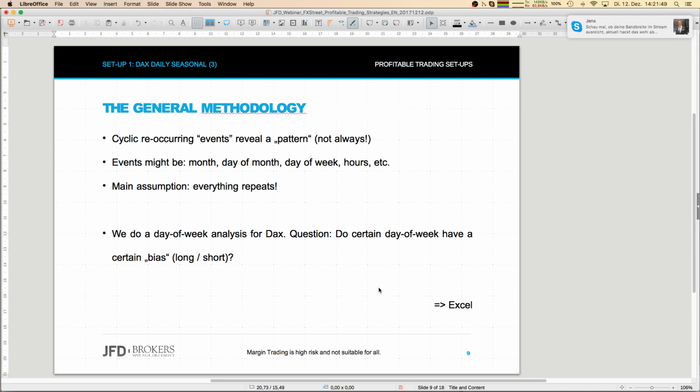But then I asked myself a different question. What if I apply one additional rule, and that is simply that I introduced an EMA to tell me whether we are in a bull market or whether we are in a bear market. And so I took an EMA.